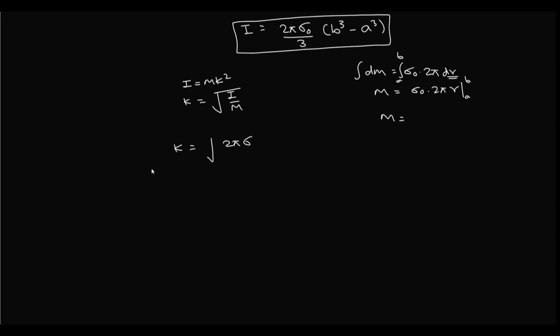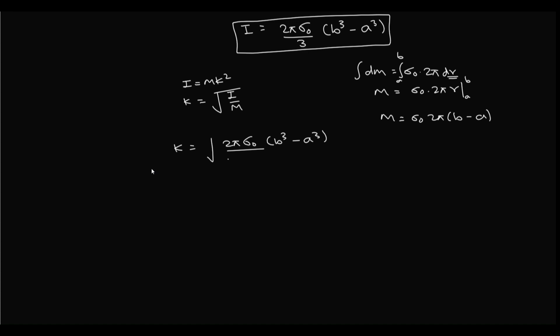So this mass can be given as sigma naught 2 pi, upper minus lower. What is inertia? That is 2 pi sigma naught b cube minus a cube, divided by 3, and divided by m.